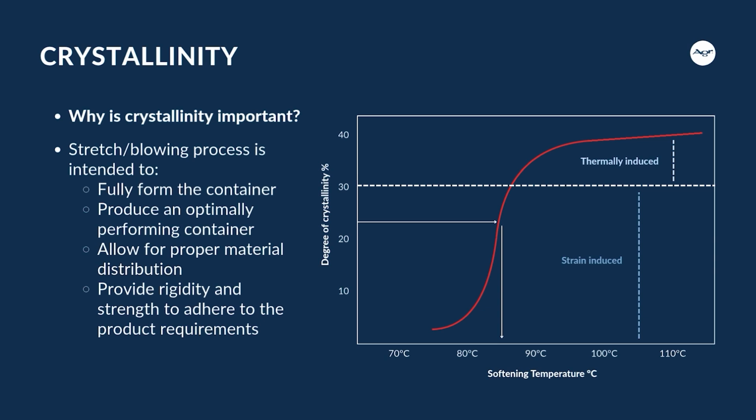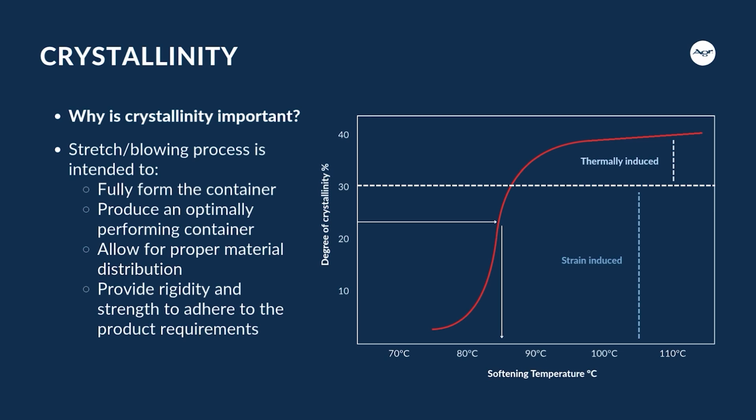And as we're stretching, when we hit the full horizontal and vertical stretch point of the container, when it's a properly designed preform, bottle, and process, you're going to get the maximum amount of strain-induced or mechanically induced crystalline structure.